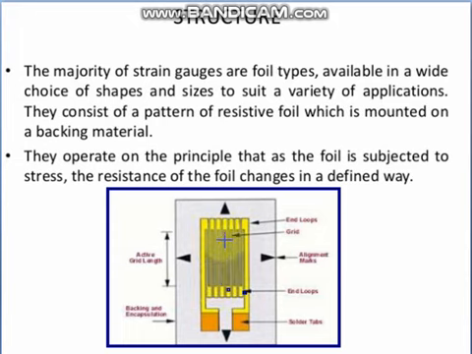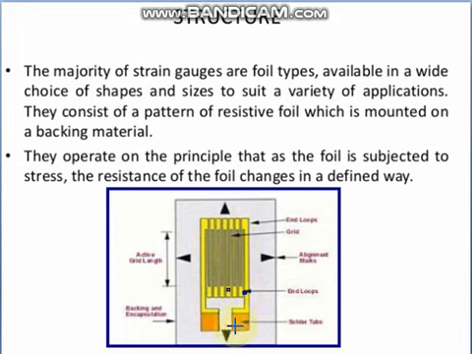Here the gray color is known as grid, and this grid actually has the resistive material in a zigzag pattern, and the active grid length is from this gray color size. Okay, and this rectangular shape what you are watching, that is alignment marks, meaning how the grid should be aligned in these end loops.